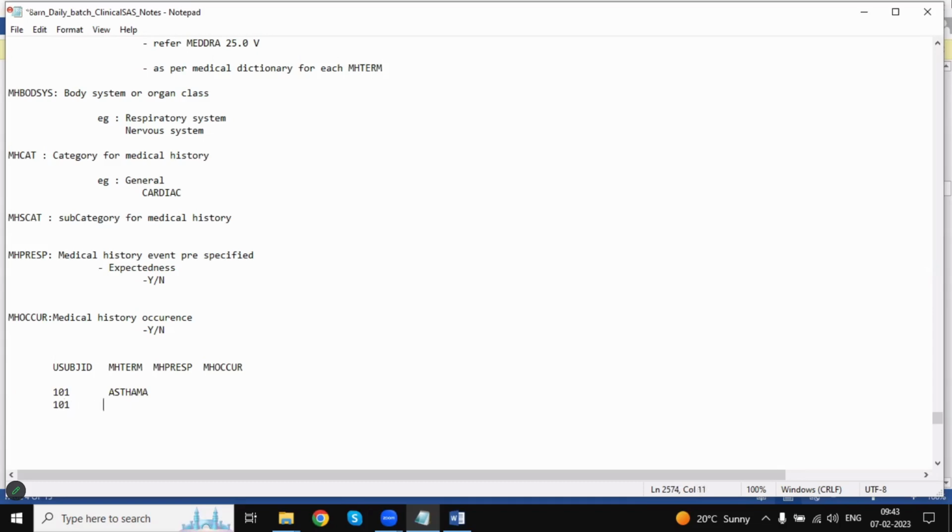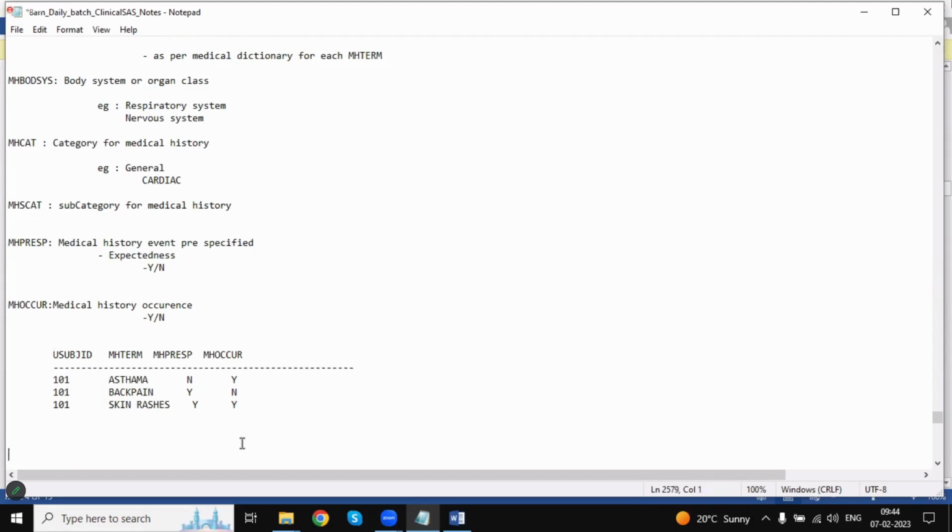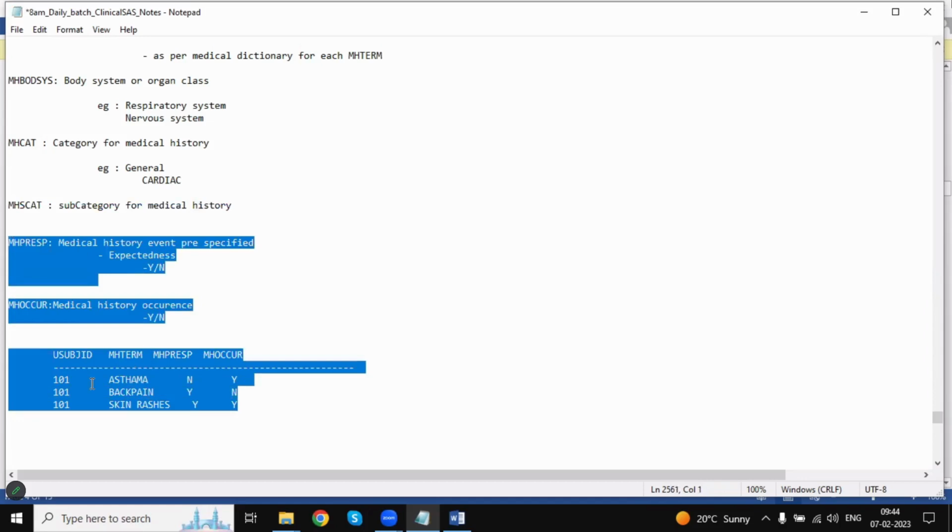Let us assume asthma is there, back pain is there, skin rashes. Let's assume asthma is not expected, back pain he may expect, skin rashes also he may expect. Of those, asthma occurred, back pain did not occur, skin rashes occurred. So pre-specified means it was expected before. If it is expected before, yes or no. In those given terms, for whichever occurred, you have to give the occurrence yes or no. Clear? So remember, these two variables will always come together and will come in almost every domain.